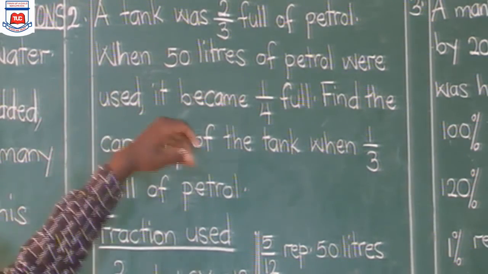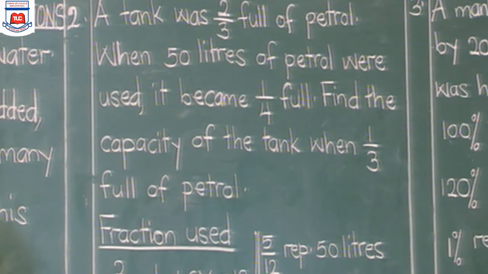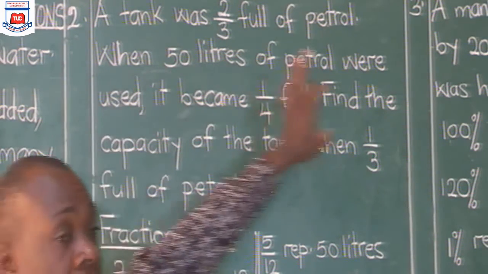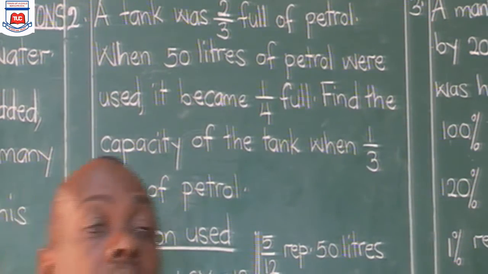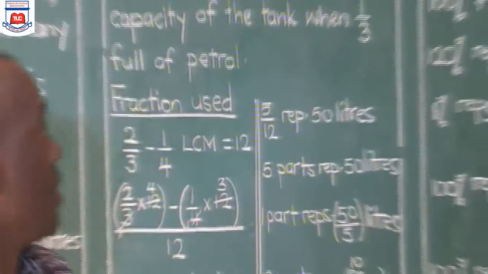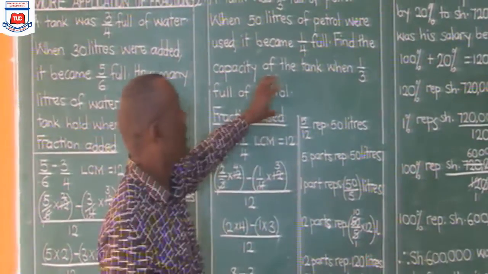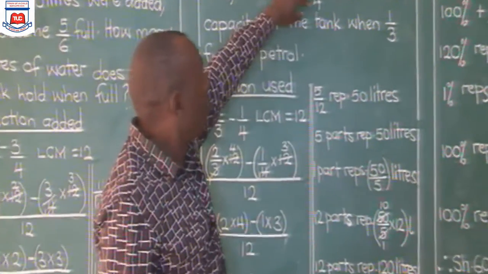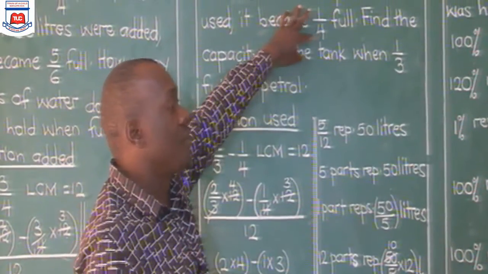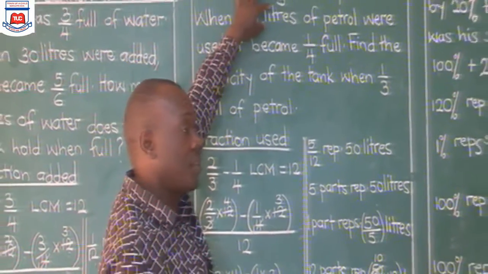What happens to the level of any liquid when one uses some? Like now, this case is petrol. Good, it reduces. So it means this time, the new level, which is a quarter, is far less than the original level.